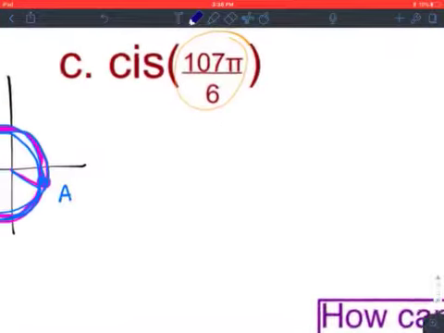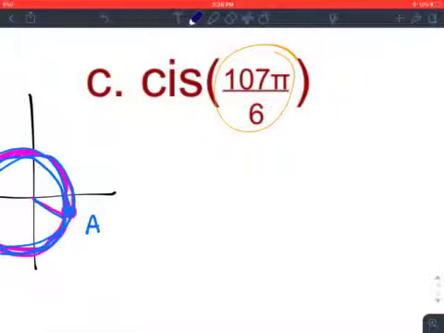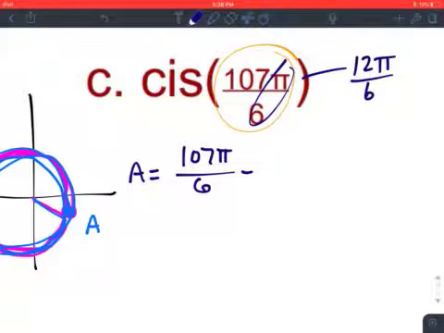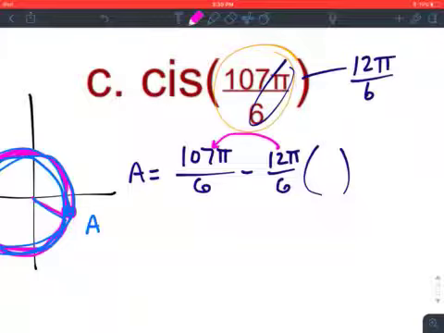Well, on this one, you can use your calculator. We're looking for some number A that is equal to 107 pi divided by 6 minus some multiple of 2 pi, which would be 12 pi over 6. And you ask yourself, how many times does 12 go into 107?